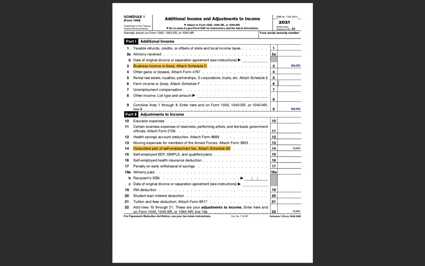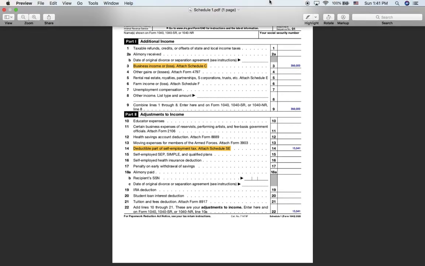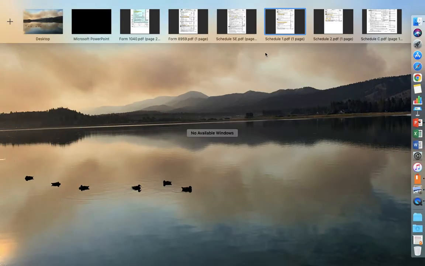So coming back to Schedule 1 again, here you just put $350,000. They said put it in Schedule 1 and SE. SE is your self-employment.